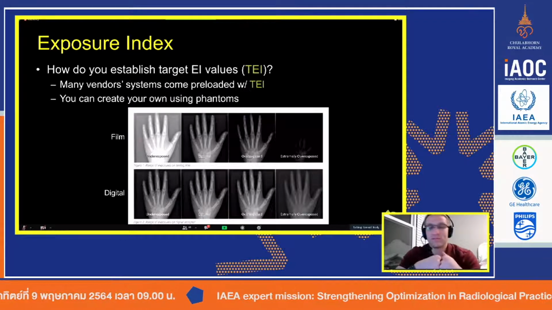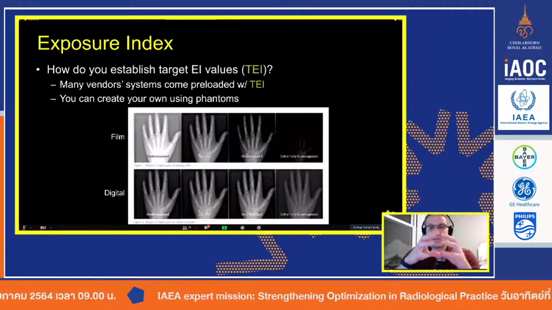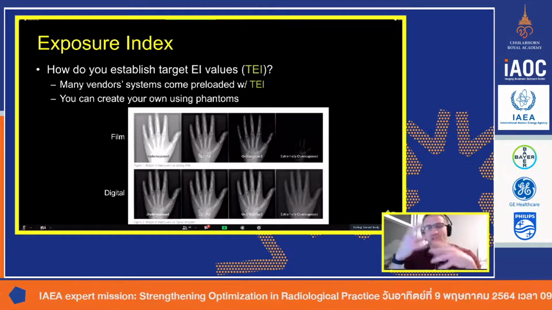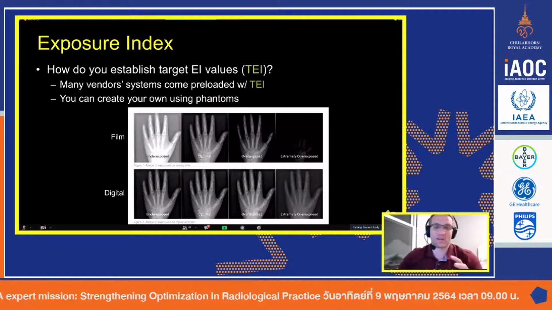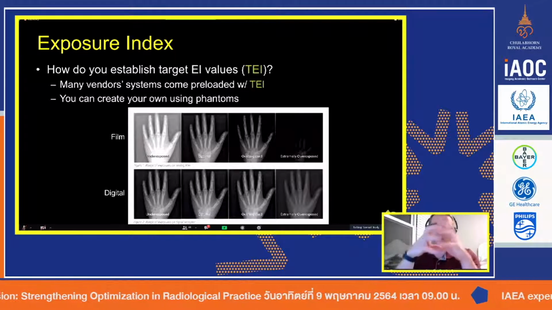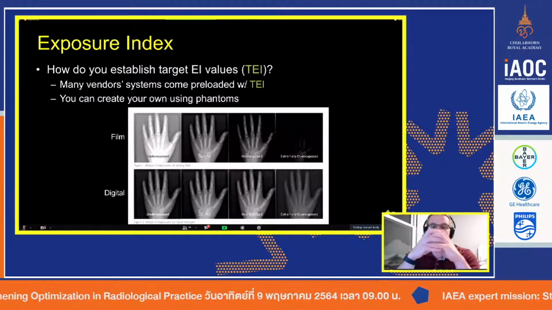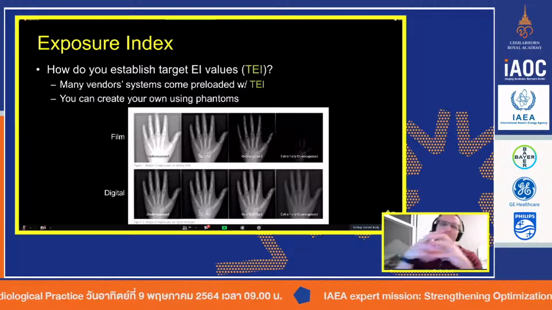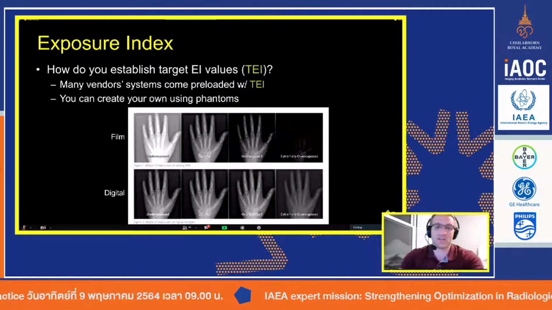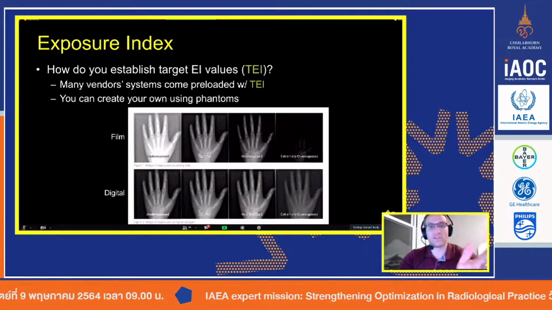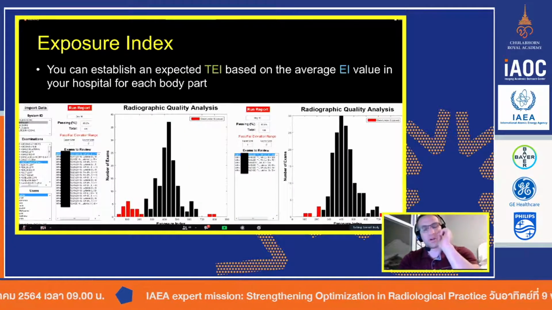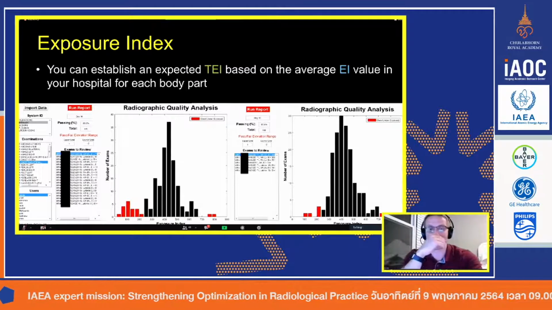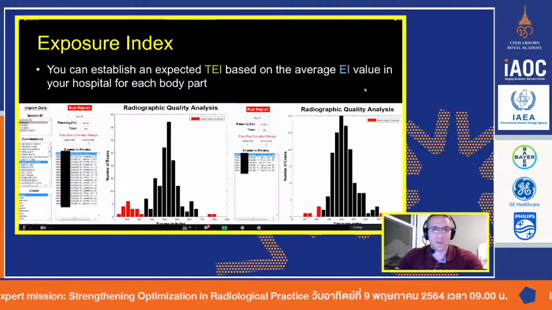And, you know, a population, say in central Bangkok versus northern versus southern, your population distribution will be slightly different. But locally, hopefully the variation won't be too bad. So the target EI at one hospital is probably going to be the same as the target EI at another. So you can do it individually for every hospital, or you can do it for maybe a region or a larger group of clinics.